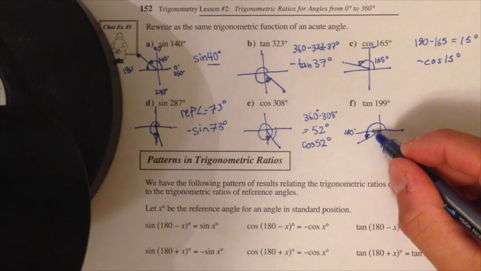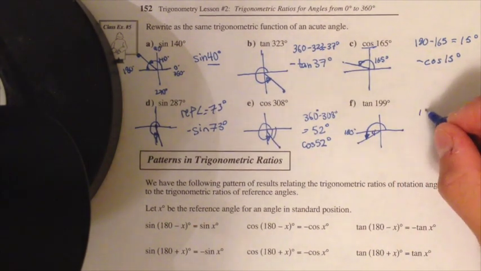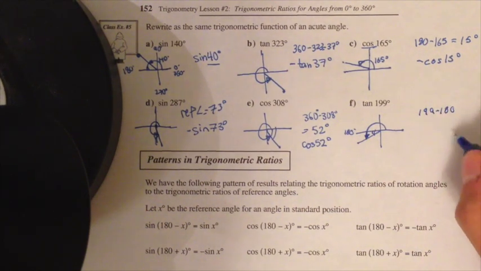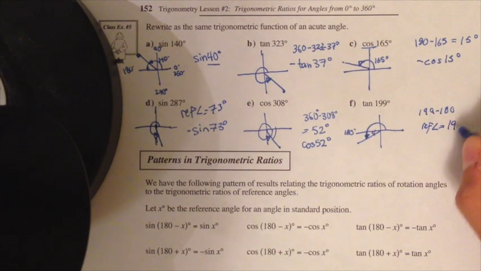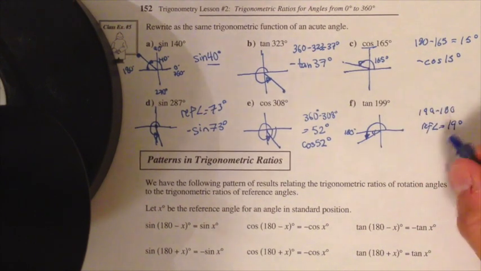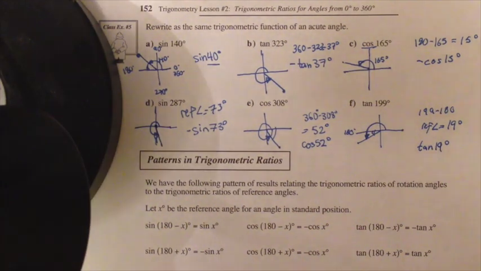My reference angle I can use right here. 199 minus 180 degrees, I'm going to be left with a reference angle of 19 degrees. So I add sugar to coffee. Again, positive. Tangent 19 degrees is equal to my acute angle.